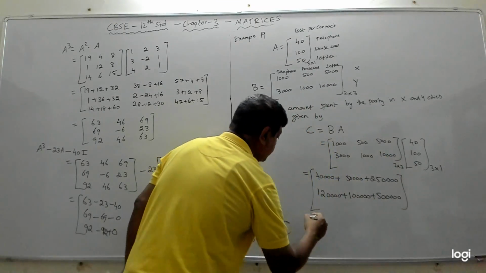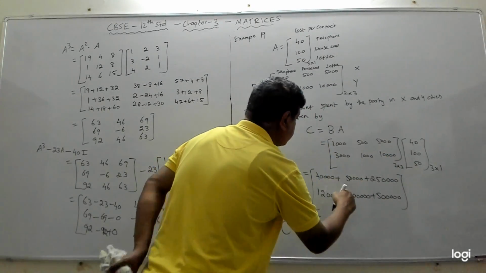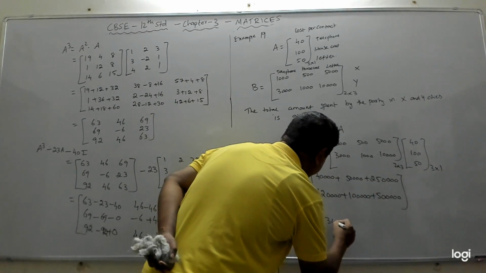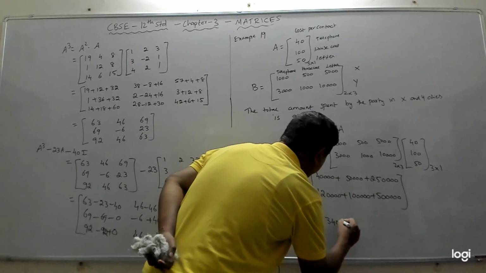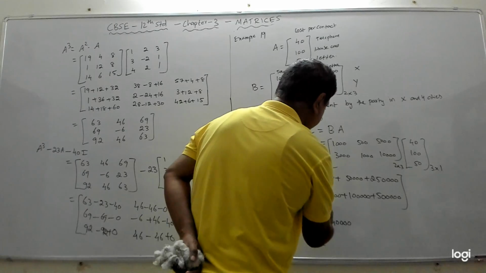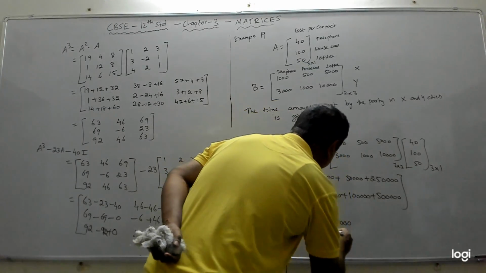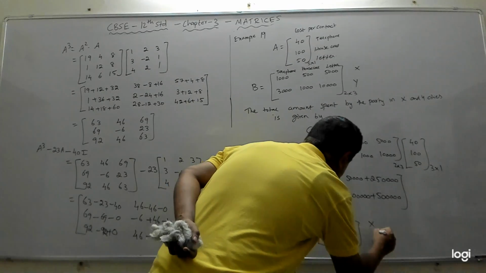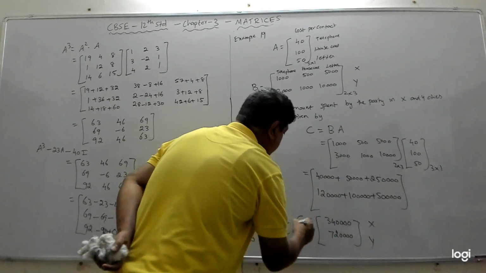So the final answer is how much? 340,000 for the first, and 720,000, that is 7.2 lakhs, for the second. This is in paise, for city X and city Y. This is the total cost matrix.